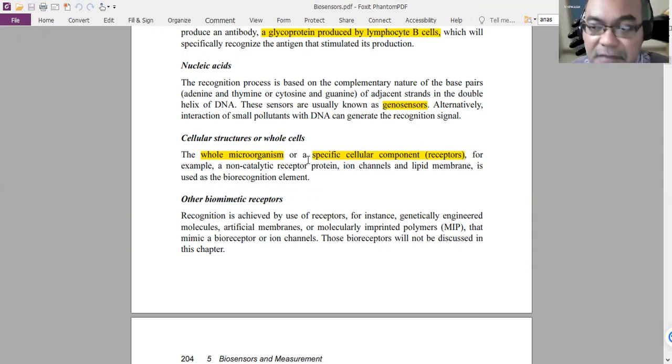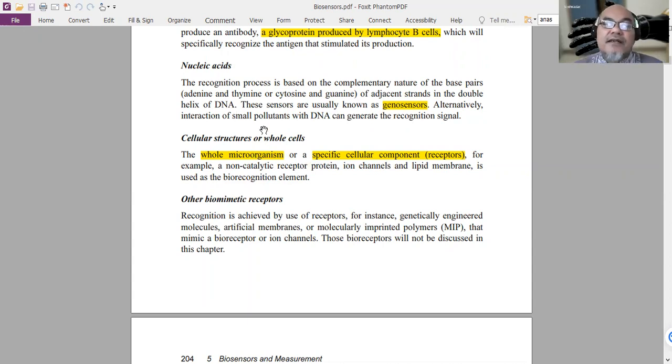Then we put the neural cell as the bioelement, and we drop different types of chemicals, and then see their interaction. Then we can measure using a physical transducer, which can be an electrode, for example, the potential change due to the interaction of the neural cell with the particular chemicals. So this is when we want to see toxicity, the neurotoxicity. And this can be applied also to many other types of cells.